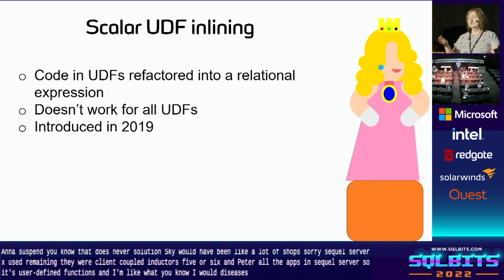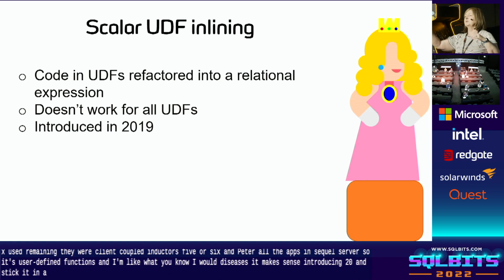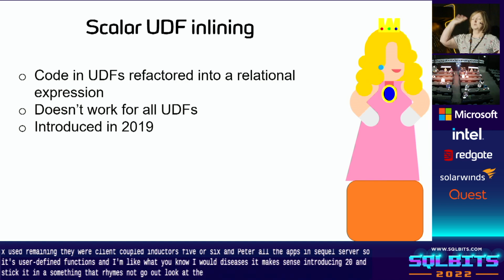So it makes sense, but what happens if you have this feature turned on, which is introduced in 2019, is that SQL Server will take that formula or whatever it is and stick it in the select list under the covers. You don't see that, but all of a sudden something that runs slow will now run fast. It does not work for all UDFs. If you're going to consider this, go out and look at the documentation because there's a list of like 20 different reasons why it won't work. But occasionally it will. So let's take a look at that.